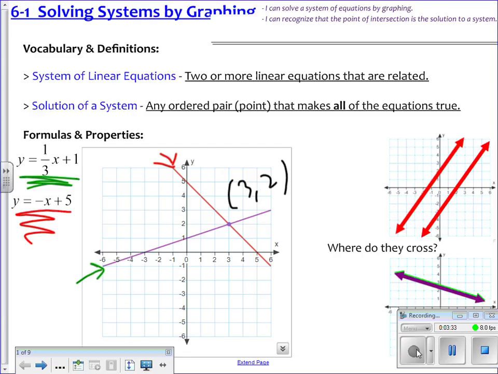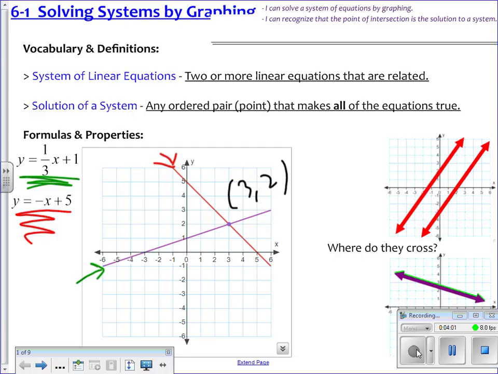This is an important idea, guys. This is the big idea behind everything else we're going to be doing the rest of this chapter. I have 2 equations, this equation and this equation. What works in both of them? Graphing gives you a picture of that. Because a linear equation has an infinite number of solutions.